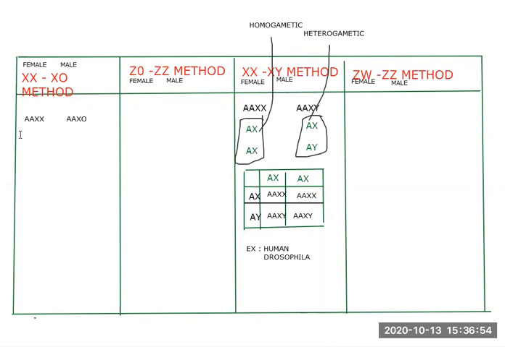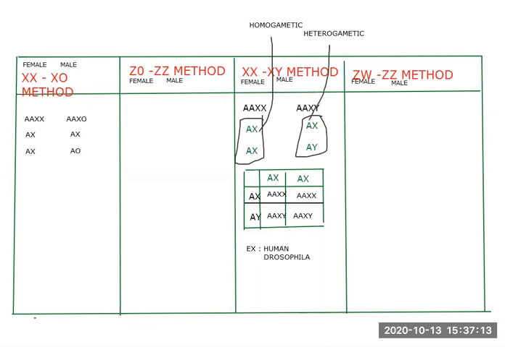Now, let's start here. Here also, the same. Let me take the gametes first. Female eggs. Okay. Next, male. What are the gametes in the male? Egg, AX, AO. What is O? O means zero.